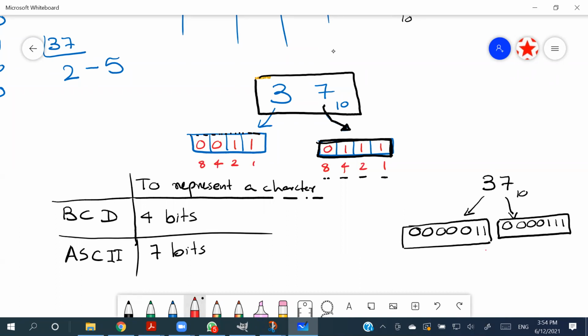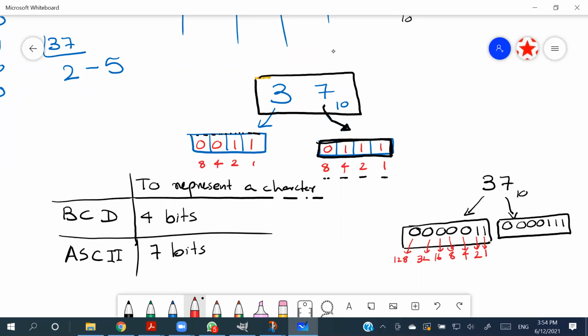So place values are coming like how? 1, 2, 4, 8, 16, 32, 128. So the values that they can represent are greater. Then numbers can be represented, letters can be represented, capital letters, simple letters, exclamation marks, all characters.